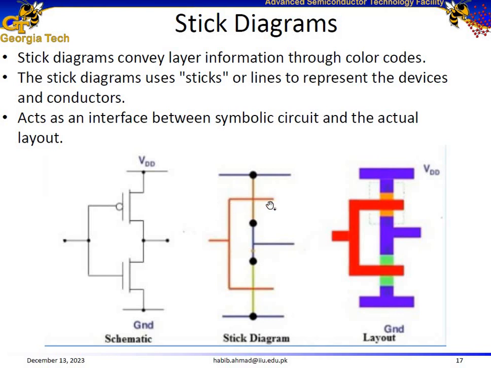Devices, for example, PMOSes and NMOSes, and conductors would be wiring and railing of the supply voltage and also of the ground. Similarly, different color codes for the polysilicon gates as well. So it's basically an interface between the circuit diagram and an actual layout of the complementary metal oxide semiconductor integrated circuits.